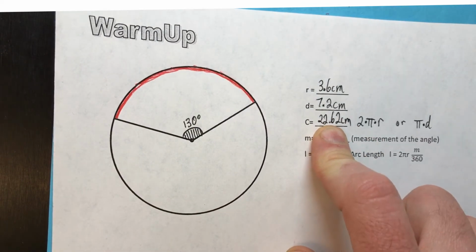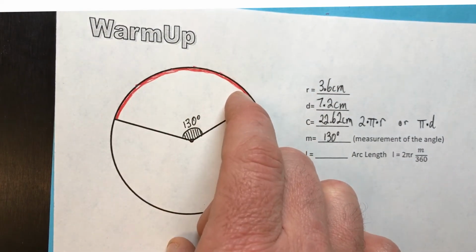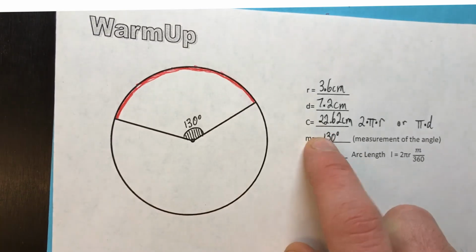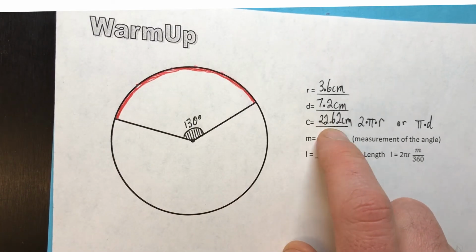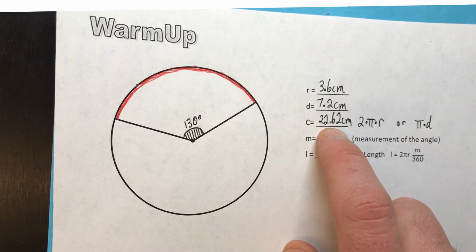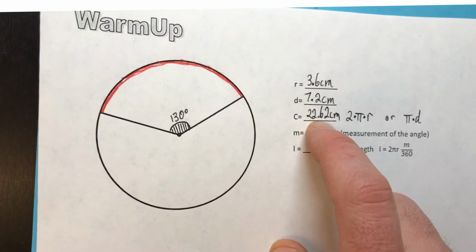Less, obviously. 22.6 is all the way around. Is it going to be more or less than halfway? Half of 22.6. It's going to be even less than that. What would half of 22.6 be? 11.3. So I know it's going to be less than 11.3.